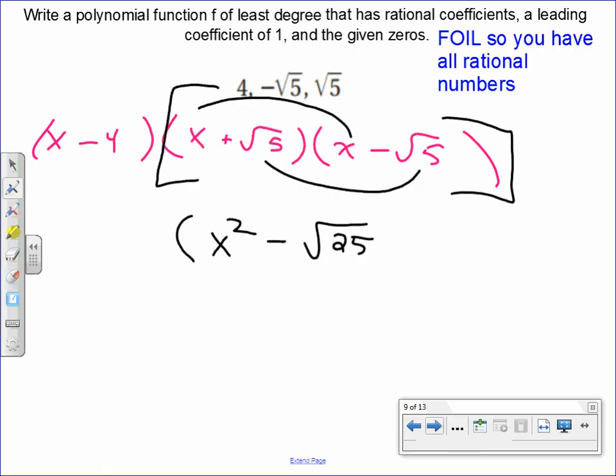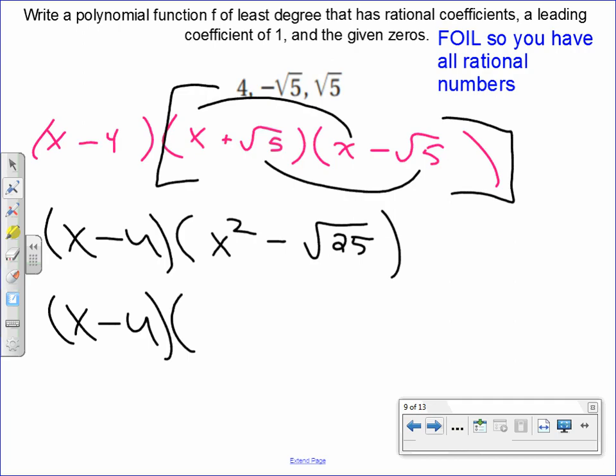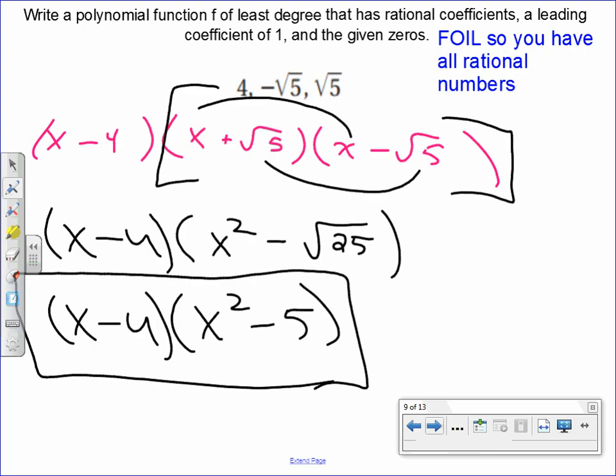Negative radical 25. And then you're definitely allowed to take the square root of 25, so what would that be? 5. X squared minus 5. And you can stop there, unless, I mean, if you want to FOIL it all out, go for it, but we're allowing you to stop when you get to the rational numbers.